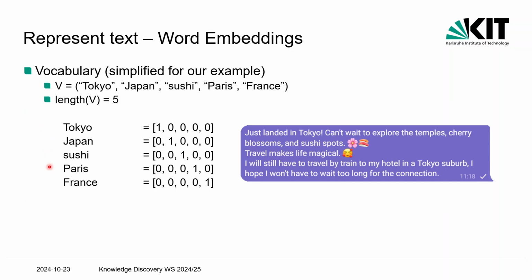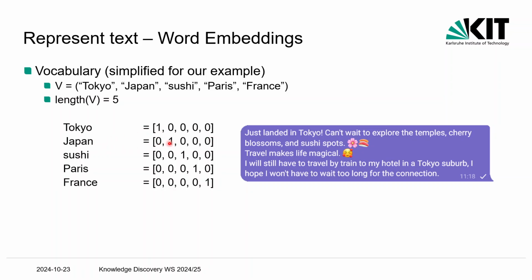Moving on. So let's assume we have a vocabulary, which we'll simplify. We have a vocabulary of 5 words: Tokyo, Japan, sushi, Paris, and France. And each of these will be represented by a vector. So the Tokyo vector would be 1 on the first spot, followed by zeros.